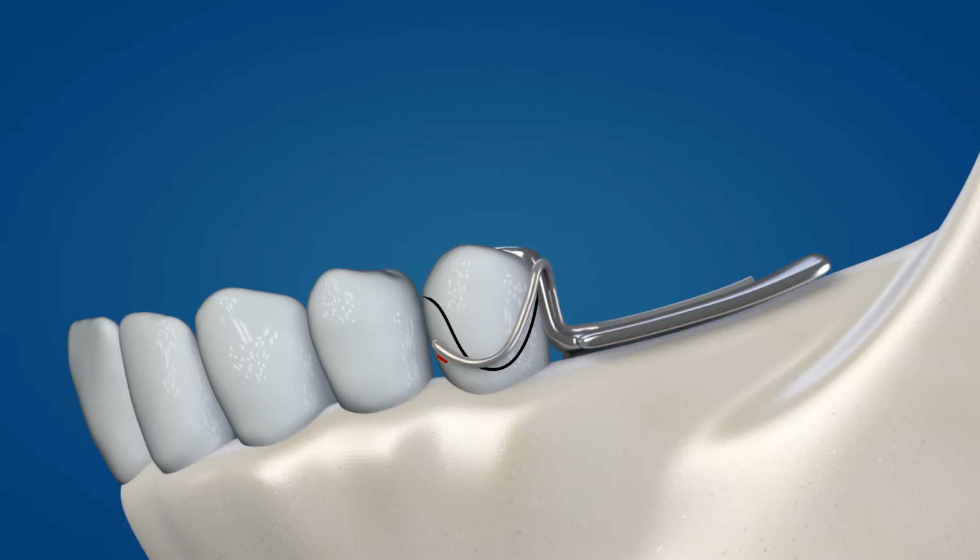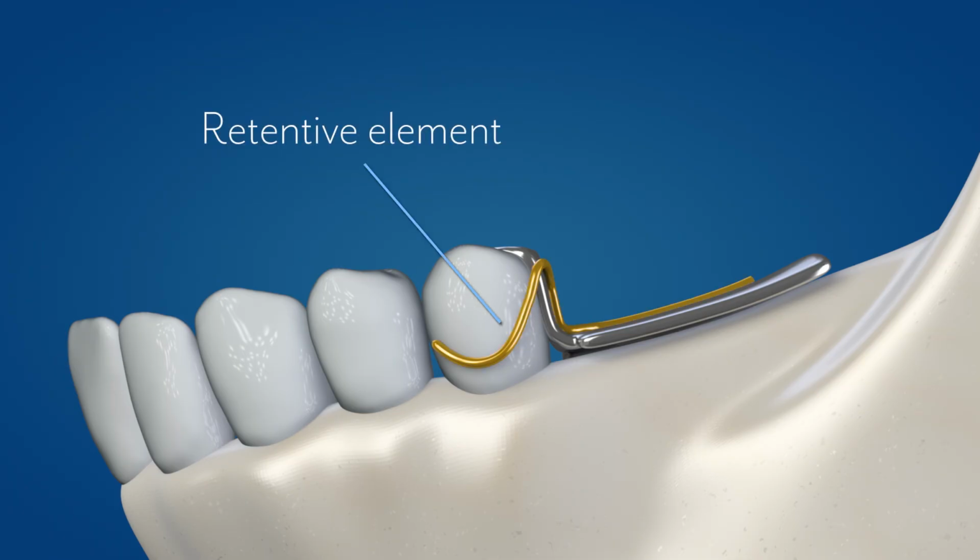But make no mistake, this is a very different clasping assembly due to the material characteristics and cross-sectional geometry of the retentive arm. Viewed from the facial, you will see a retentive element that is different than what we have described before. In this illustration, the retentive arm is represented in gold.